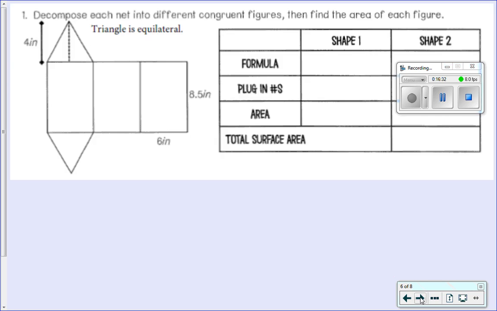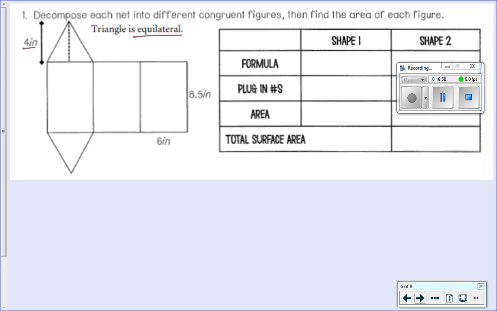Okay, we are going to determine the surface area of the net. Okay, it's saying that the triangle is equilateral. What does that mean? What's an equilateral triangle? All sides are equal. They are congruent. Okay, so what does this represent?